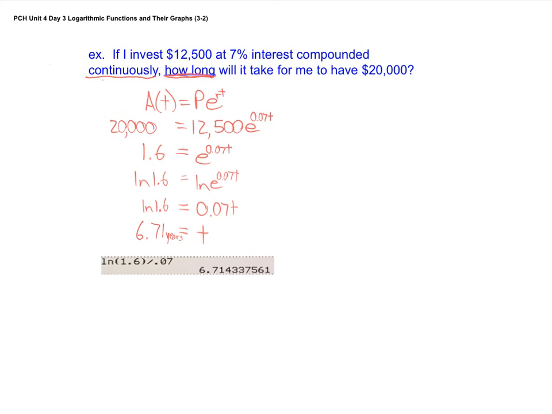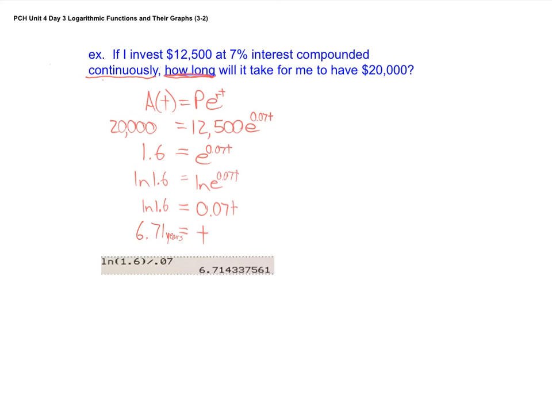Okay, so if I leave this $12,500 alone and I earn 7% interest compounded continuously, I will have $20,000 after 6.71 years. And if you think about this, this is going to be approximately 6 years and 8.5 months.